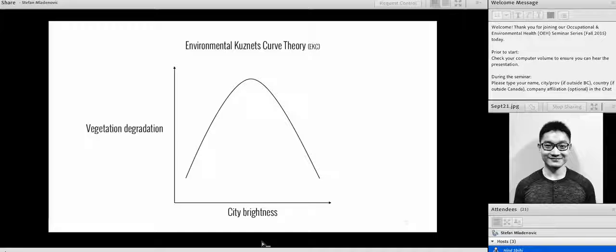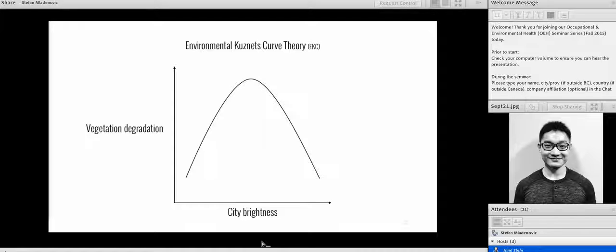Then once the economy gets better and better, when the city gets wealthier and wealthier, they can afford to be green again. But usually those types of studies are done based on, like I said, census data or economic data. They're very tabular, just Excel sheets, not very spatial. I don't really like them.